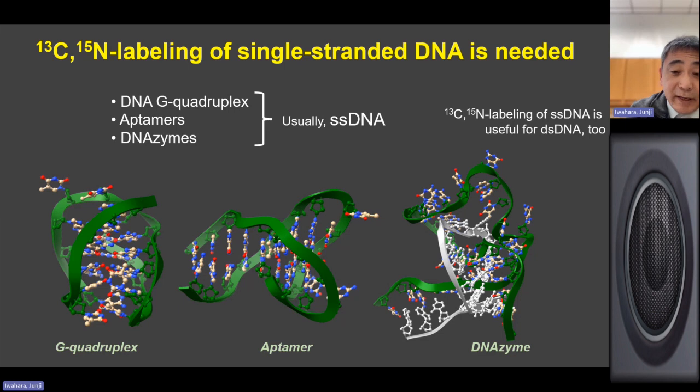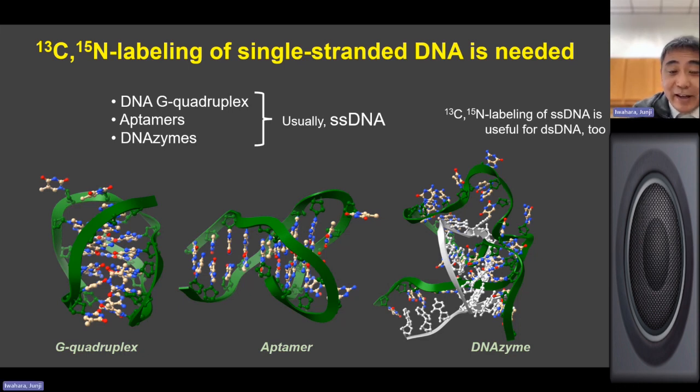And there are many DNA aptamers that show quite unusual structures. And DNA enzymes also adopt quite unusual structures, like shown here. For these single-stranded DNAs, we definitely need a better methodology for isotope labeling.